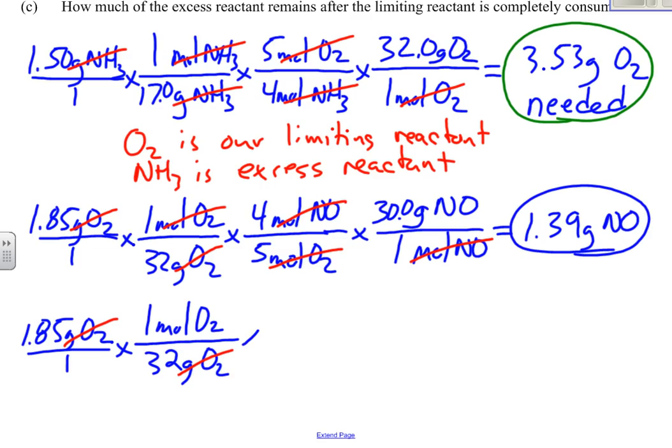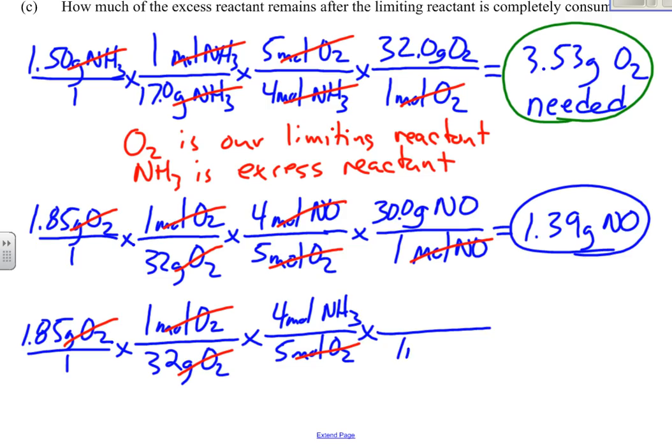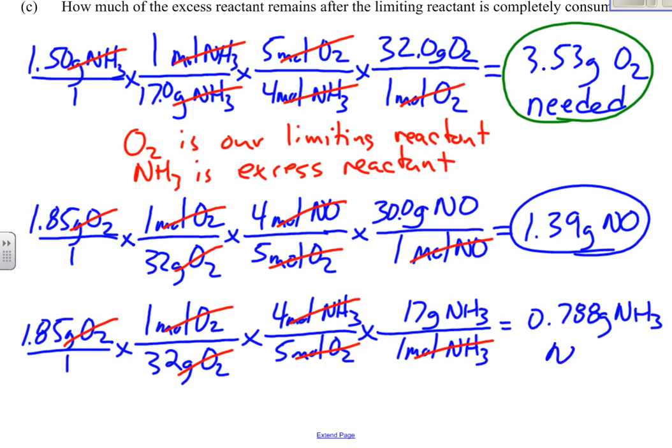We look at our balanced equation: 5 moles of oxygen react with 4 moles of ammonia. One mole of ammonia has a mass of 17 grams. And this leaves us with 0.788 grams of ammonia, and again that one little word, needed.